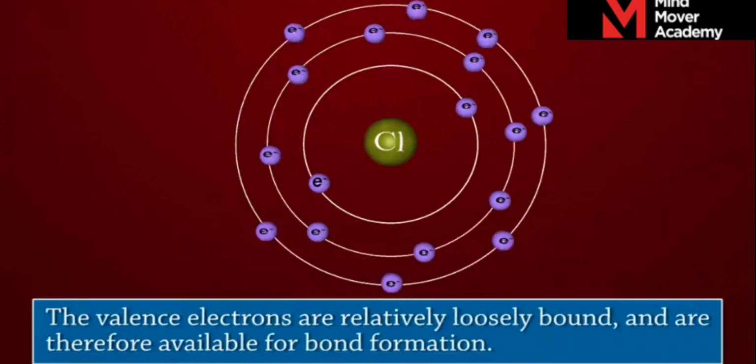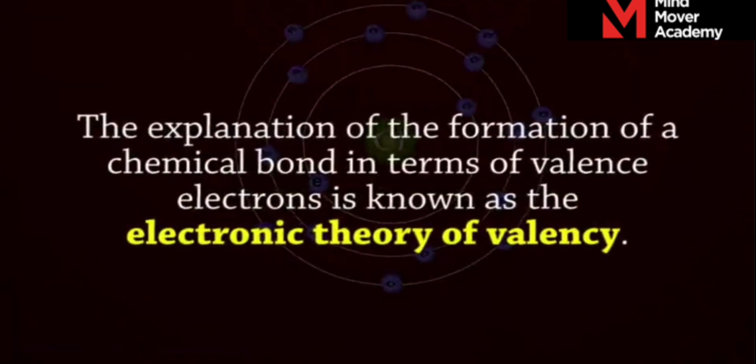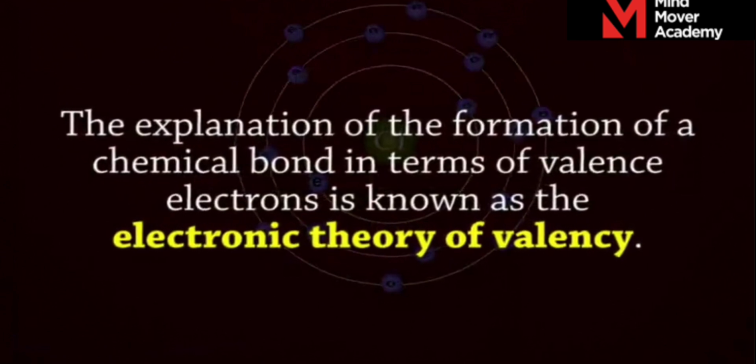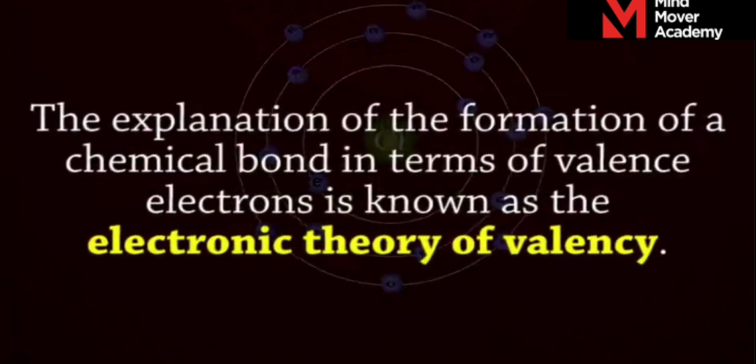However, the valence electrons are relatively loosely bound and are therefore available for bond formation. The explanation of the formation of a chemical bond in terms of valence electrons is known as the electronic theory of valency.